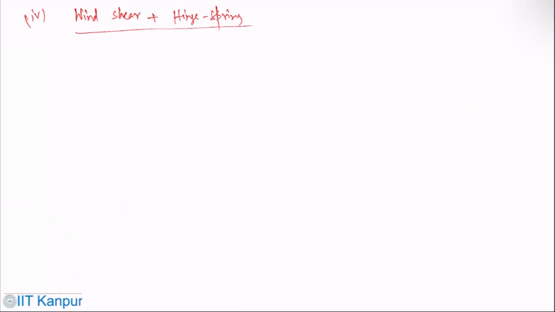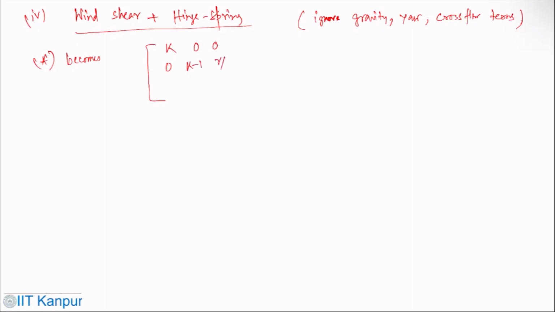So this again here one can ignore gravity, yaw, cross flow terms, etc. So that matrix becomes K, 0, 0; 0, gamma by 8; 0, minus gamma by 8, K minus 1; times beta 0.